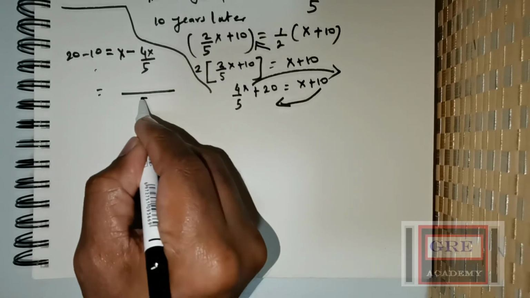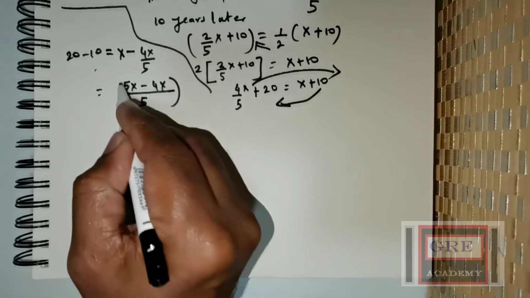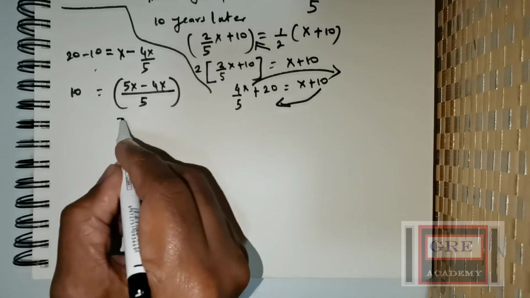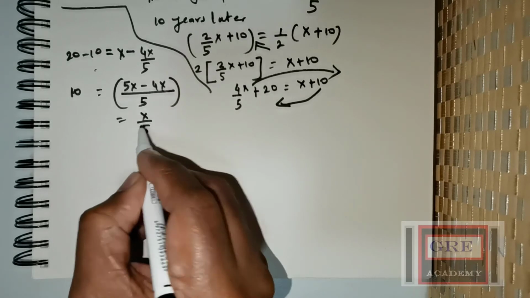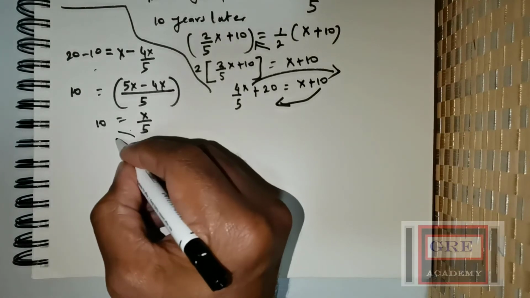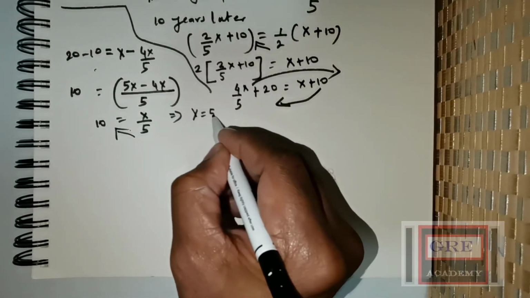I'm taking the LCM, 5, so that's going to be 5x negative 4x. On the left, I get 10. 5x negative 4x would give me x divided by 5. On the left, it's 10. So you cross multiply, this would give you x to be equal to 50.